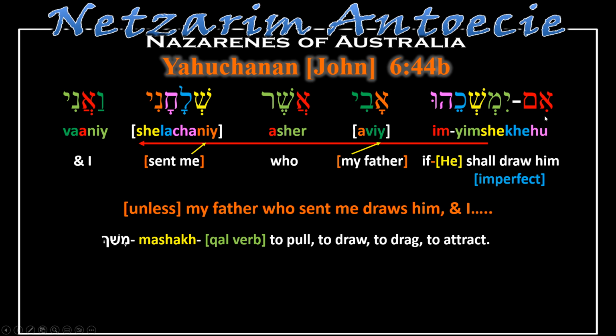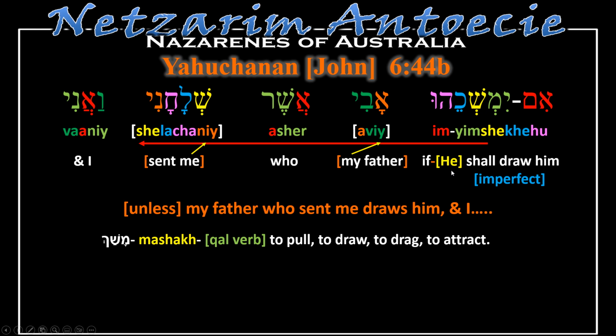And we read, im, which can be translated as if, and then we have yim, she, ke, hu. Remembering that when we have two shavas, the second one is a vocal shava, so it becomes she, whereas this is actually the completion of the syllable. Yim, she, ke, hu. So what does it mean?